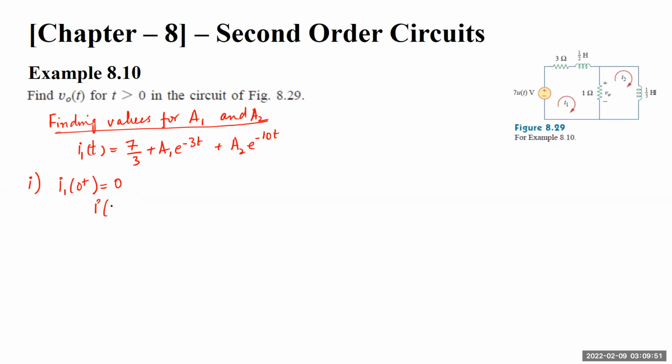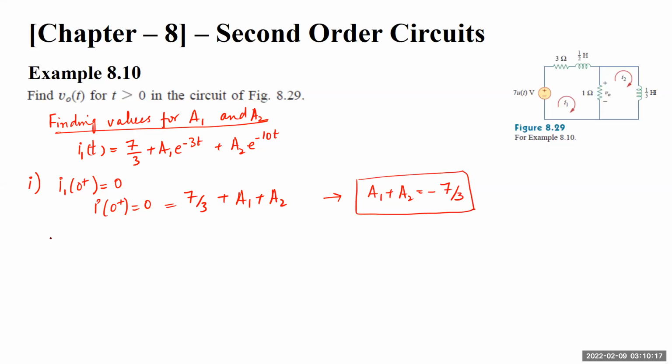Putting that in, we get 7/3 plus A1 plus A2 equals 0. So this is my first equation: A1 plus A2 equals minus 7/3.